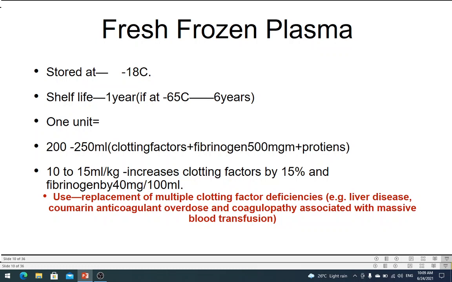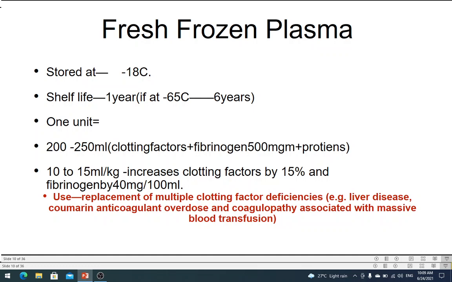Or patients who are on anticoagulants like coumarin, warfarin. Anticoagulants act by reducing the clotting factors, isn't it? So here you want to reverse it.